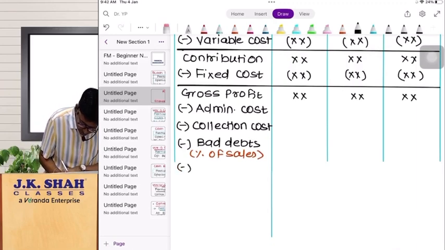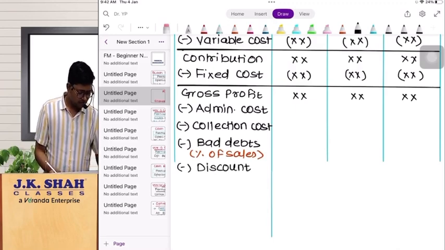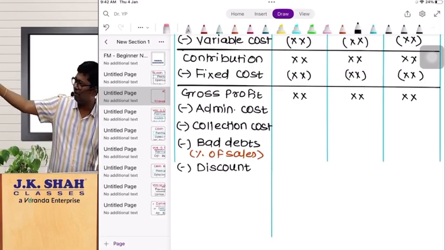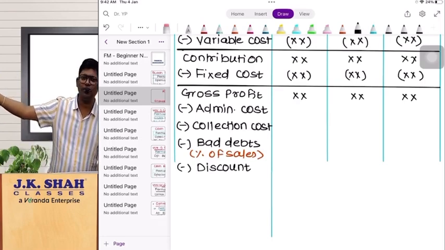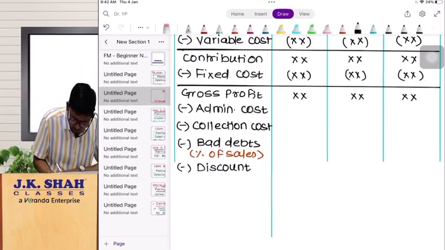And finally, if any discount is there. Now again, it totally depends on the question. Whatever element out of these 4 is given in the question, that element we need to record. Remaining elements you can skip. There is no compulsion to record everything.